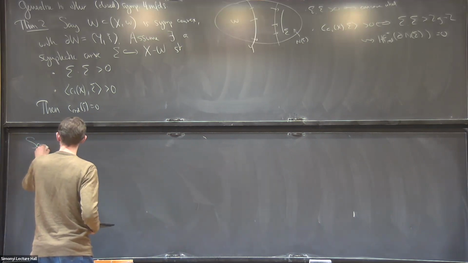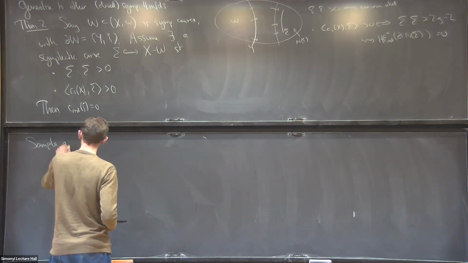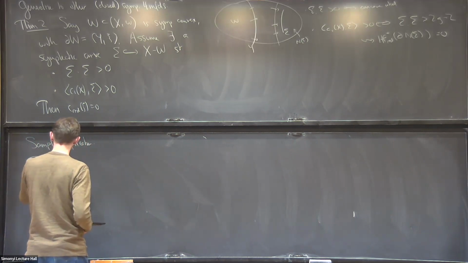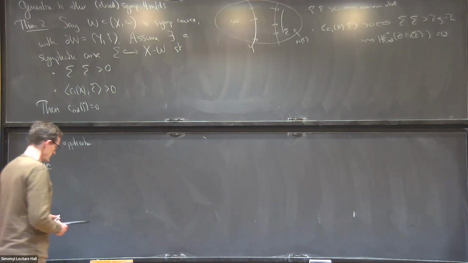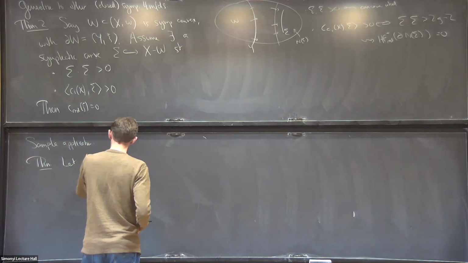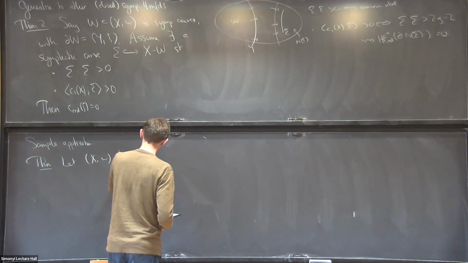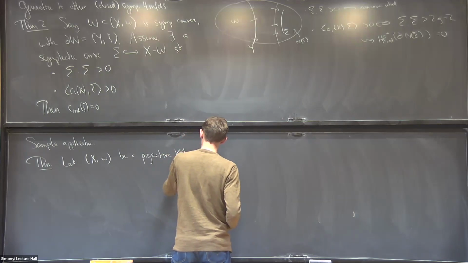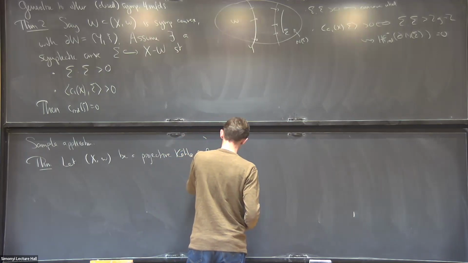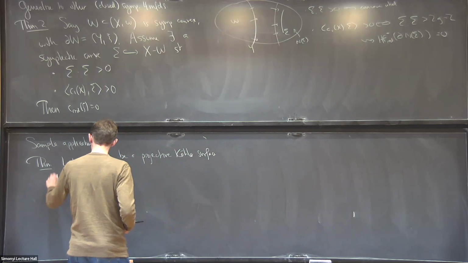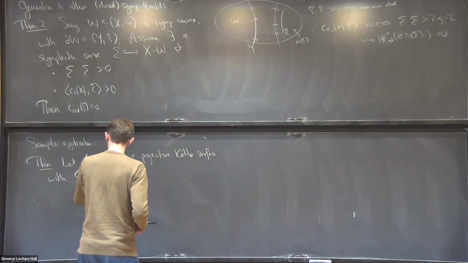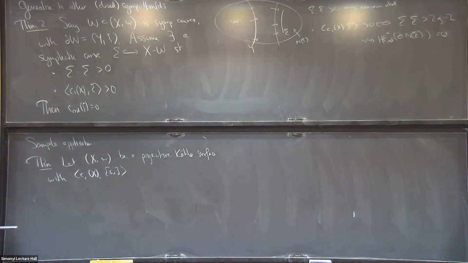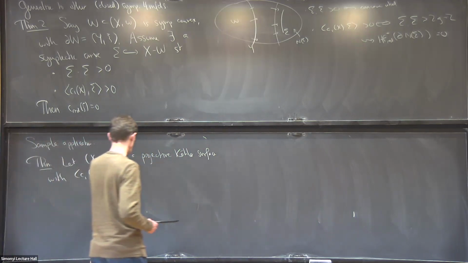So here's a sample application. Let's suppose you have a projective surface with the first Chern class pairing positively with this homology class of the symplectic form.